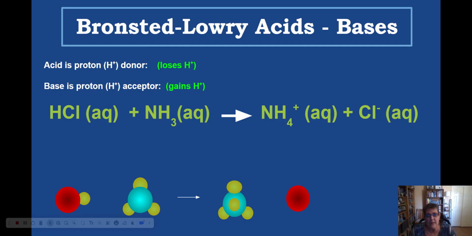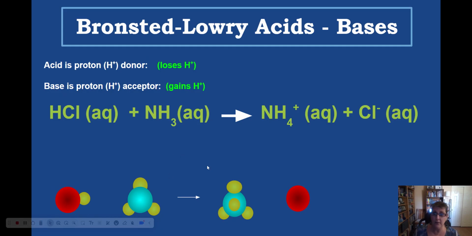So what really happened here before and after this reaction? Look at the picture. What's different? What changed? What happened? Well, if you said the yellow dot went from the red circle to the blue circle, you're right.